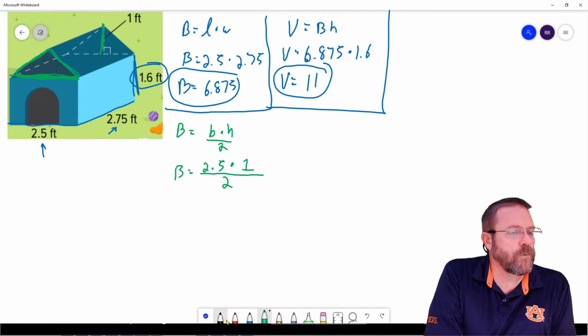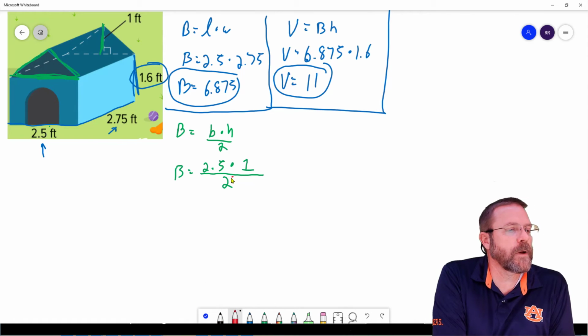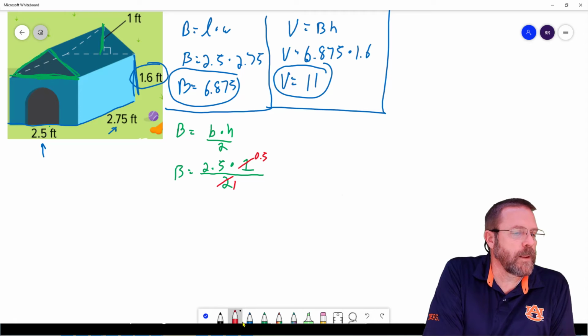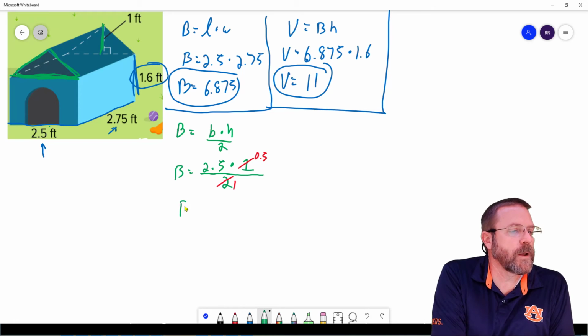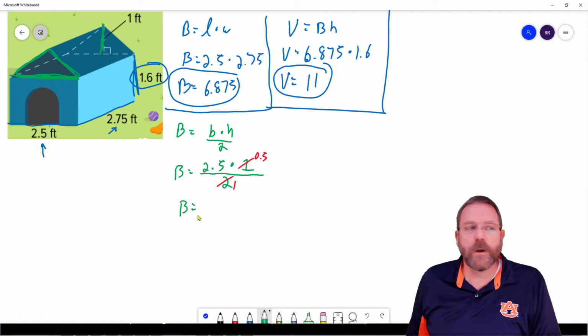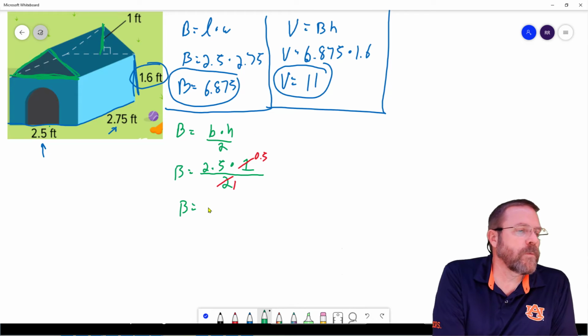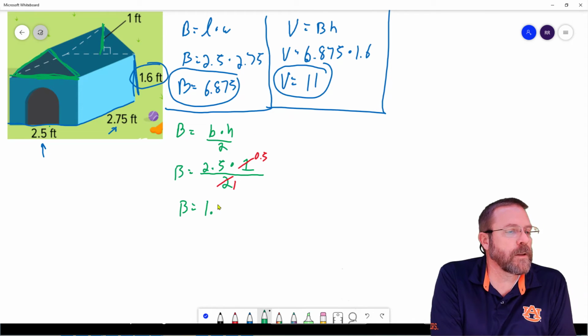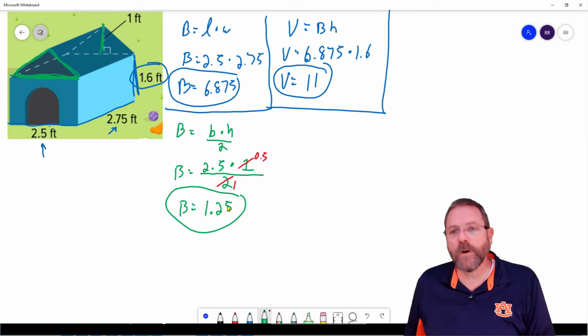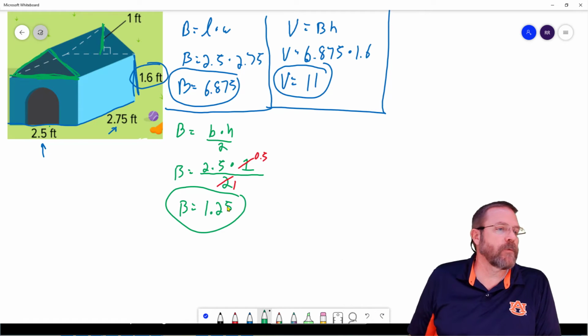Now I can do a real simple simplification here, dividing by 2. 2 goes into 2 once, and 2 goes into 1, 0.5 times. And now I can easily multiply and get straight to my answer of 2.5 times 0.5. I don't even need a calculator for that. That's going to be 1.25 because it's saying what is half of 2.5.